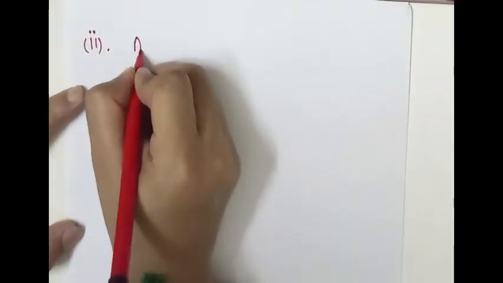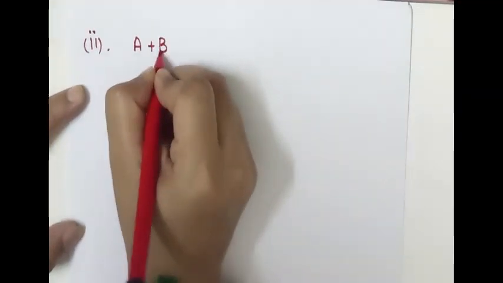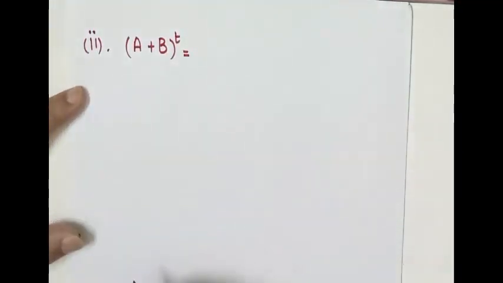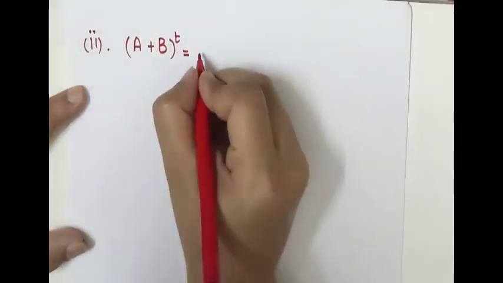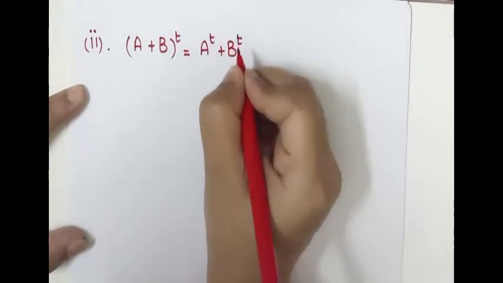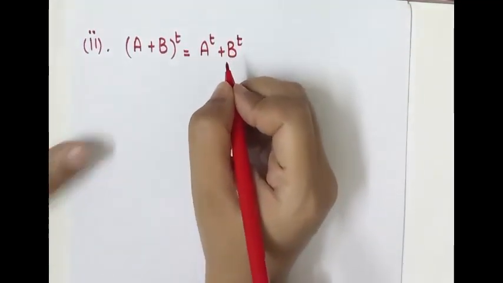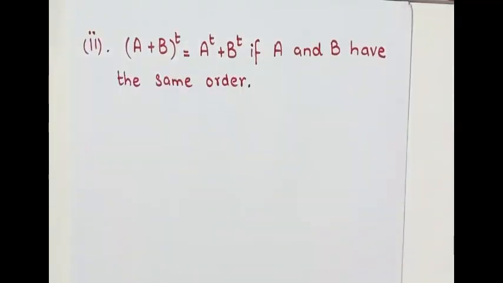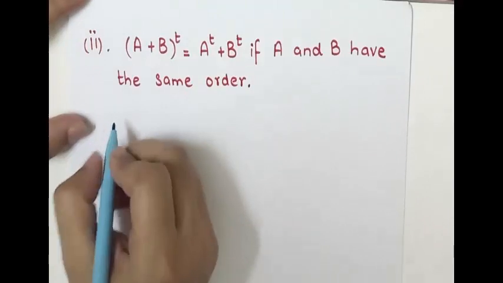Property number 2. So property number 2 we have is A plus B whole transpose, this is equals to A transpose plus B transpose if A and B have the same order. Okay, so now we will take an example of 2 cross 2 matrix.